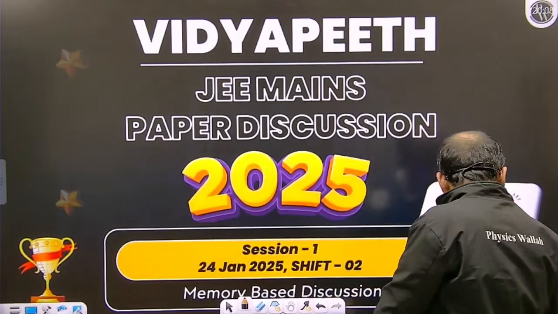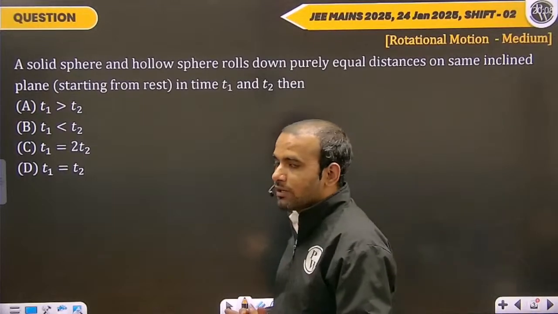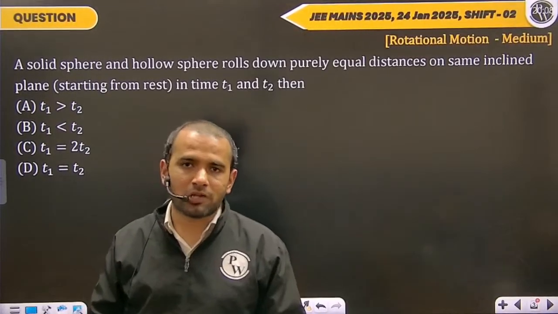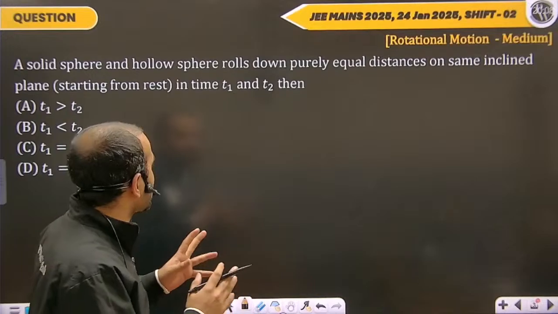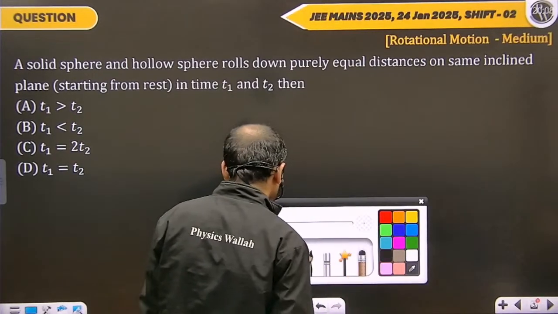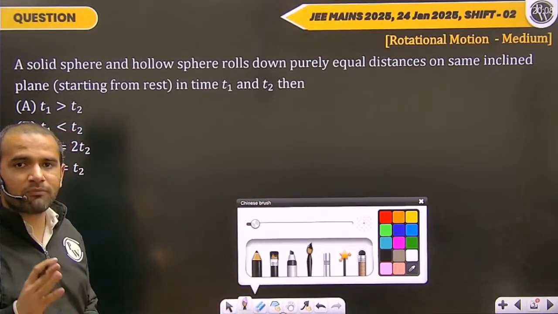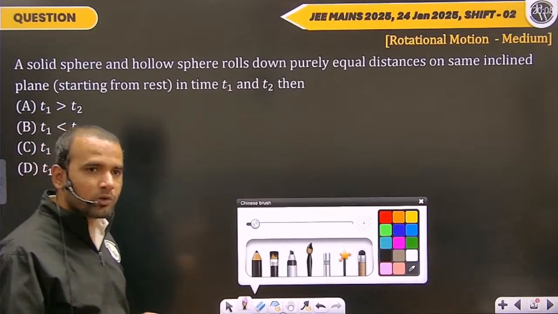Okay, so the very first question that we have is from the topic rotational motion, and specifically this particular question is from rolling motion, right? So the question says that there are two spheres, one of them is a solid sphere, another is a hollow sphere, right?